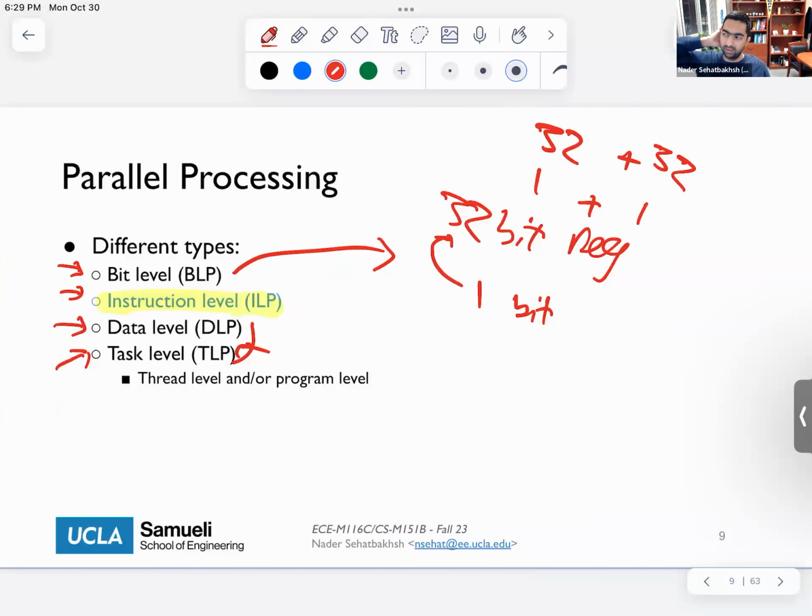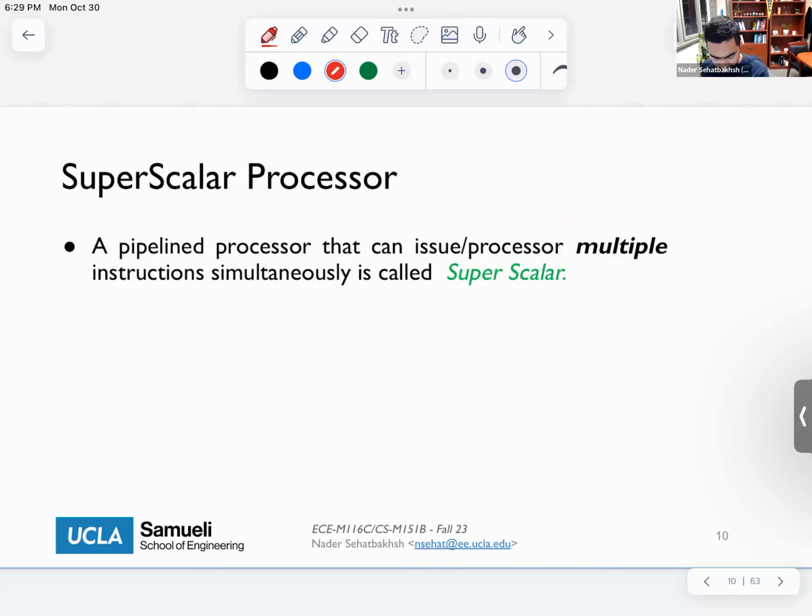We are actually using it naturally because we are using larger data sets in larger registers and so on and so forth. Well, let's focus more now on this instruction level parallelism. And later I'm going to discuss these data level and task level parallelism as well when we are talking about multi-core systems. So let's see what this ILP can give us, okay?